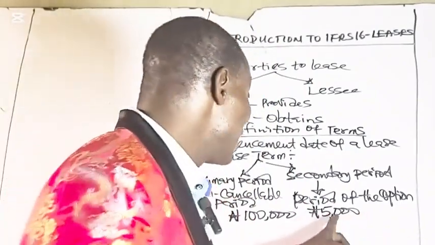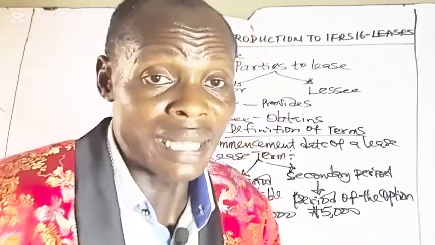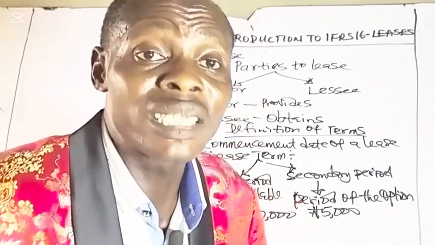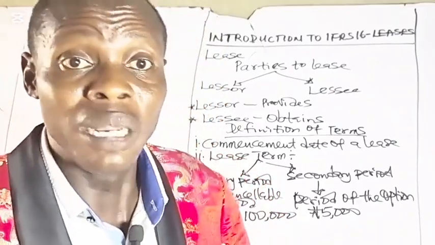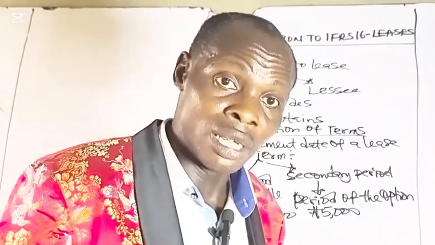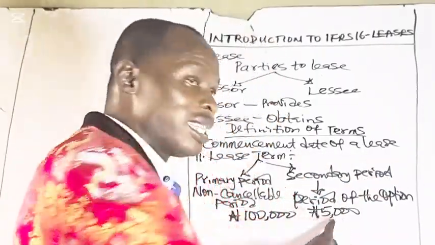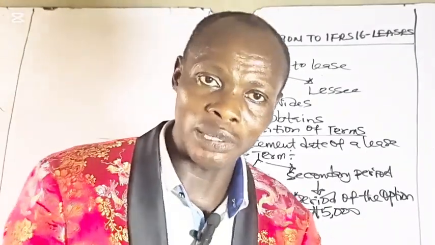That means where the rent for the option period is very high, you may not want to accept the terms of the option. But if the option rent is just 5,000 and you have been paying 100,000, this is an opportunity.